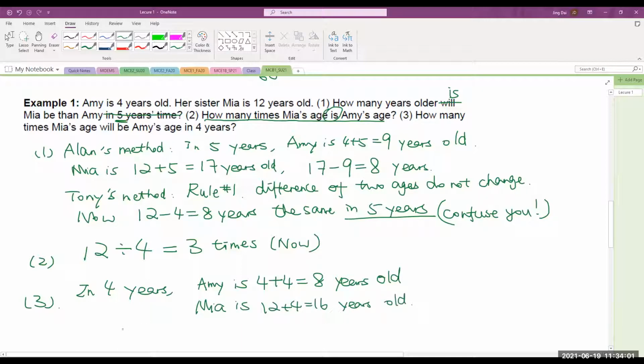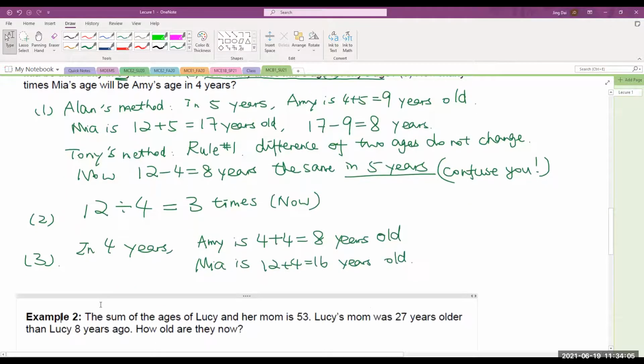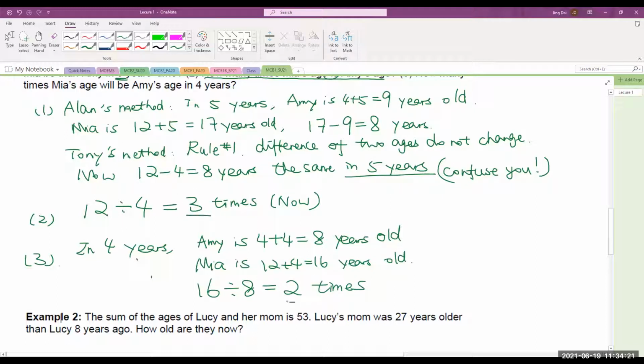So how many times Mia's age will be Amy's age? That's going to be 16 divided by 8, that's 2 times. You guys see that? It's decreasing from 3 to 2. This is in 4 years. Okay, that is now. Now in 4 years.